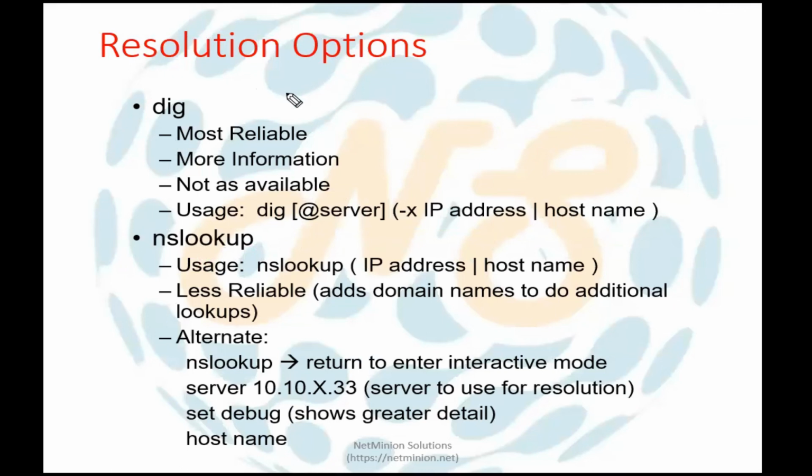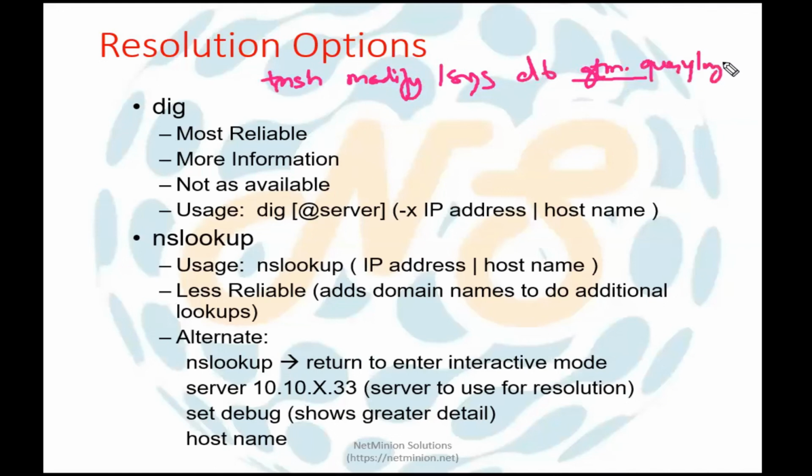But if you want to do it in the practical lab, we can do it with TMSH. We will modify something in the sys DB so that GTM queries are also visible, with query logging. We can just set the value to enable. Once you do that, you can find the logs in /var/log/gtm, like we have /var/log/ltm.